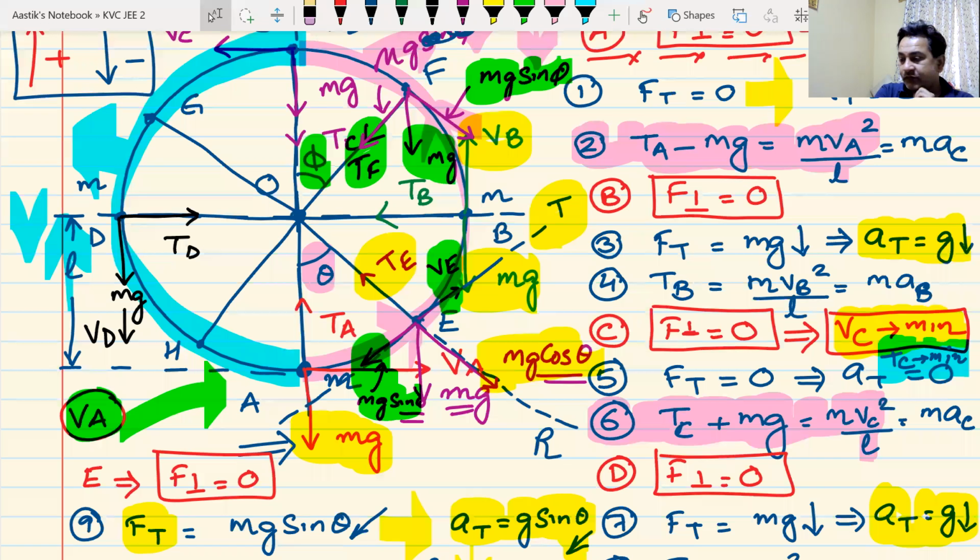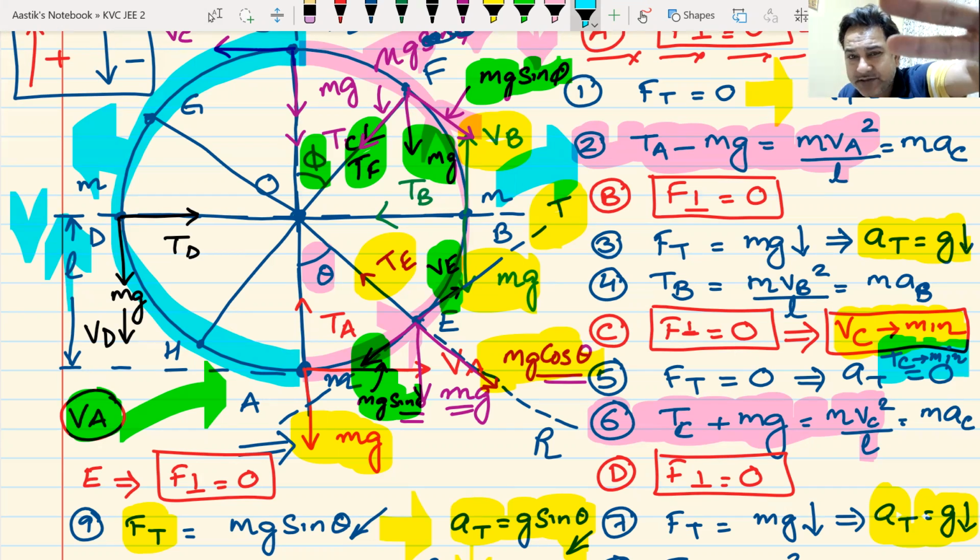3mg, sir. Yes, look at this equation. Equation number 2, my dear friends. I'll not rewrite it again, because I want you to recollect what we have already done. TA minus mg is mva square by L. We have written this equation so many times. We know the value of va square. Va square is 2gl.